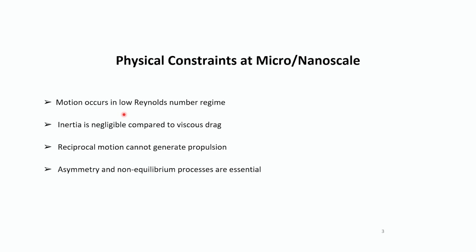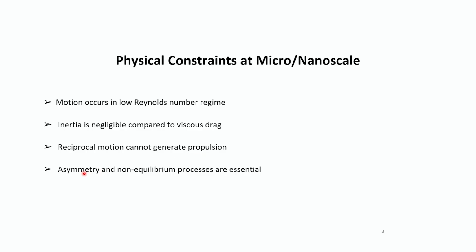Okay, so your viscosity is dominating over the inertia to move forward. So at that small size, inertia is negligible compared to the viscous drag. So reciprocal motion cannot generate propulsion. As we already know, the back and forth motion is not generating any net displacement, so it is not generating propulsion of your bots.